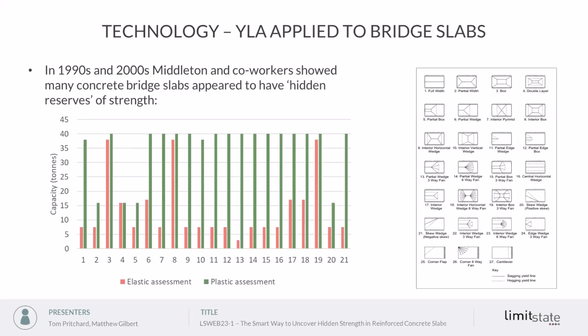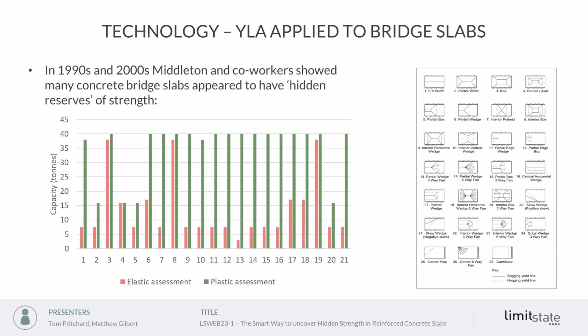In green, we've got the plastic assessment with clearly a much larger bar. And in the vast majority of these 21 bridges, the plastic assessment indicated that the bridge actually had the capability to carry 40-ton vehicles, whereas none of those bridges was predicted to have that capacity when an elastic assessment was done.